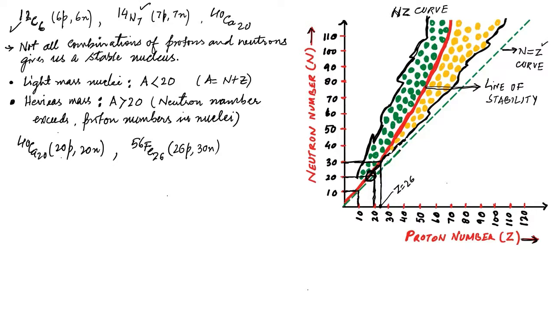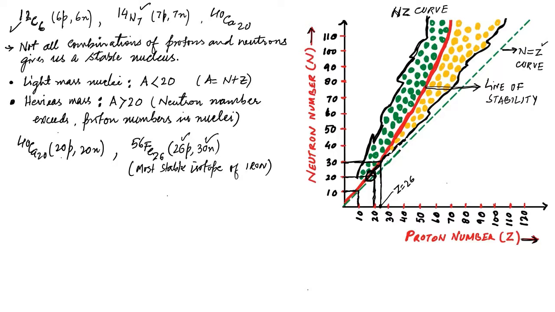So now you can see that this iron isotope is the most stable isotope of iron. In this case, we have a smaller number of protons and a greater number of neutrons for this system to be stable.